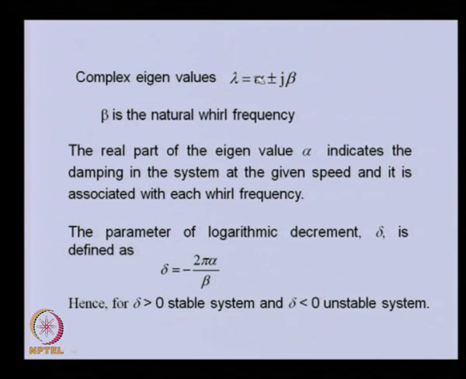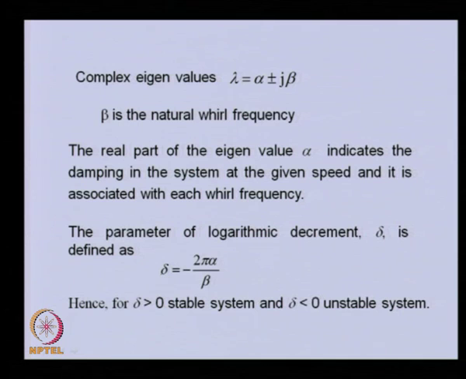This damping corresponds to that particular natural whirl, and if bearing properties change with speed, they will change with the speed both. For the present illustration, we have not taken the bearing properties as speed dependent, we have taken those properties as constant. From this real part we can define a logarithmic decrement like this, which contains both alpha and beta, and a negative sign is there.